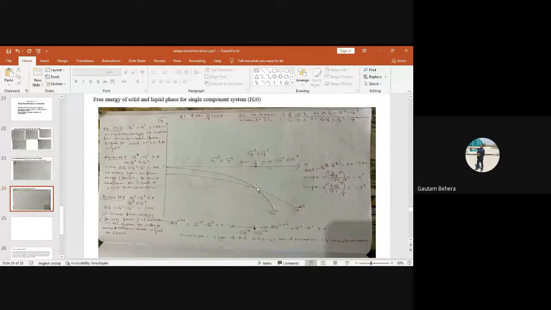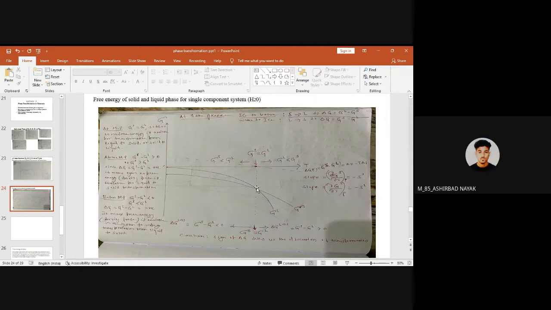So that point is nothing but what? Can you tell me what is the corresponding temperature where these two free energy curves intersect? The point where these two curves intersect, at that point, what will be the free energy? Can anybody tell me what is happening to the free energy of liquid and free energy of solid at this point?